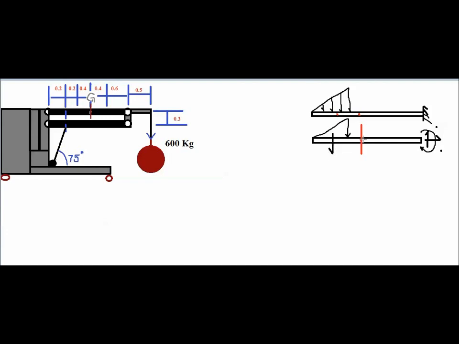And then there will be only one set of unknown reactions acting at this junction, which we can calculate. So there is just one unknown, and one known factor. So this section would be easier to focus our attention on rather than this one.